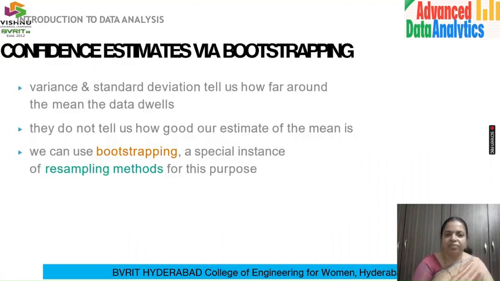Another one is confidence estimates via bootstrapping. Bootstrapping is a method used to change the samples. For example, if I have a data set of 100 records and I want to test my model on this data set, without taking the same sample every time, the samples will change.